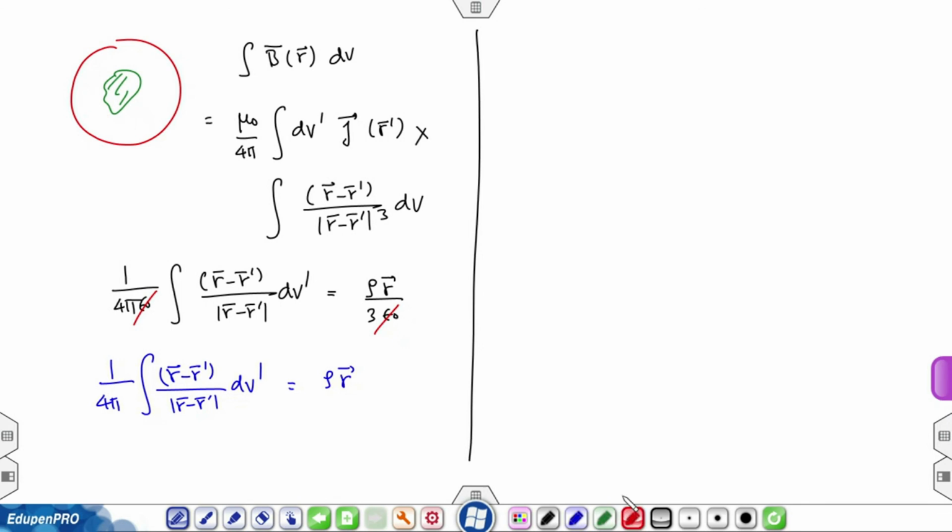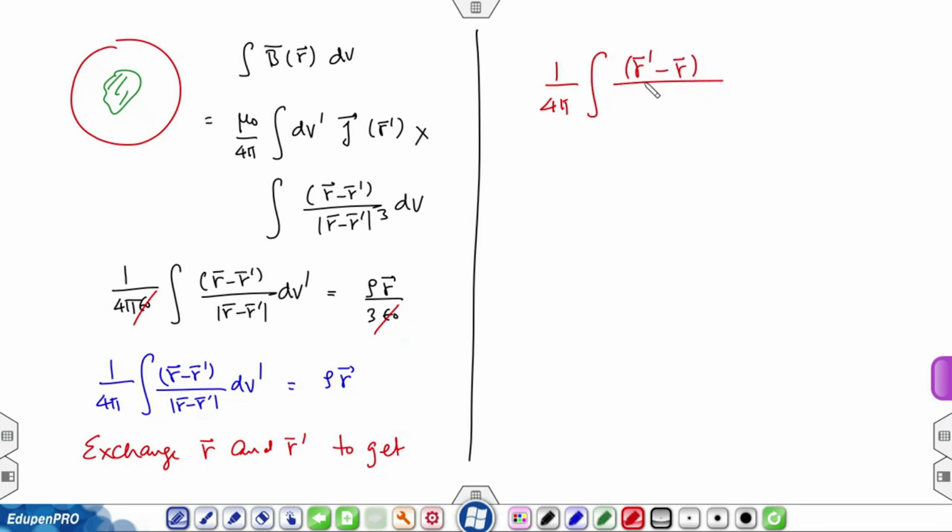Now, exchange r and r prime to get 1 over 4 pi integration (r prime minus r) over |r prime minus r| cubed dV equals rho r prime over 3.